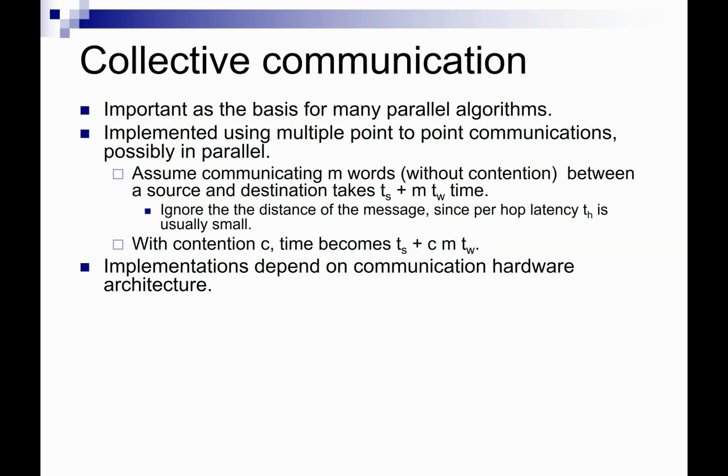We'll look at how to implement these collectives, but this depends on the type of communication architecture that you have. For example, the amount of time to do these operations in a ring network versus a mesh versus a hypercube may be different. So we're going to look at these operations and their cost in various communication architectures.